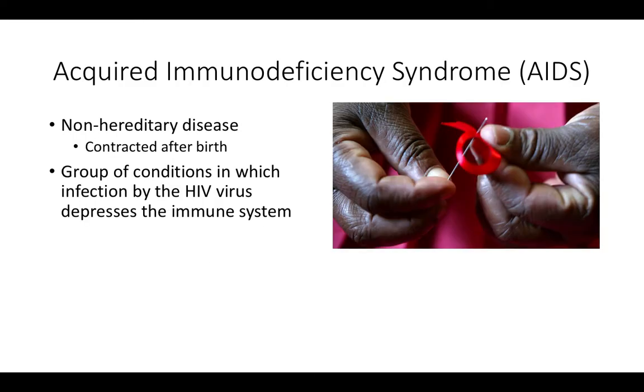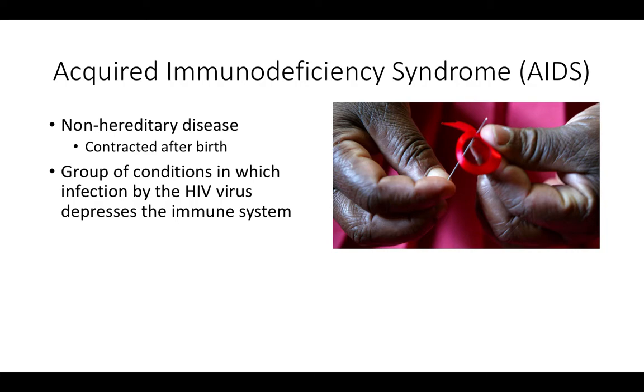Okay, and then the last immunodeficiency disease we'll talk about is AIDS. So, AIDS is acquired immunodeficiency syndrome. It's a non hereditary disease that can be contracted after birth, and it's characterized by a group of conditions that depress the immune system following the infection of the HIV virus.